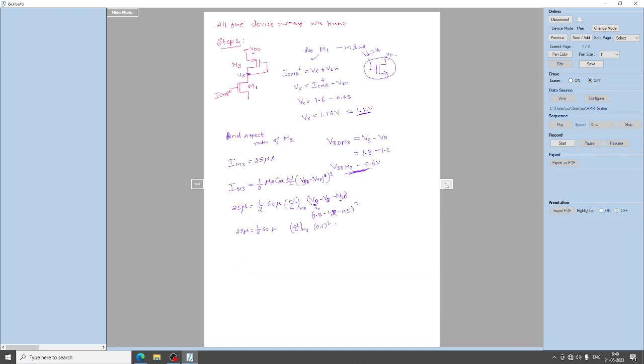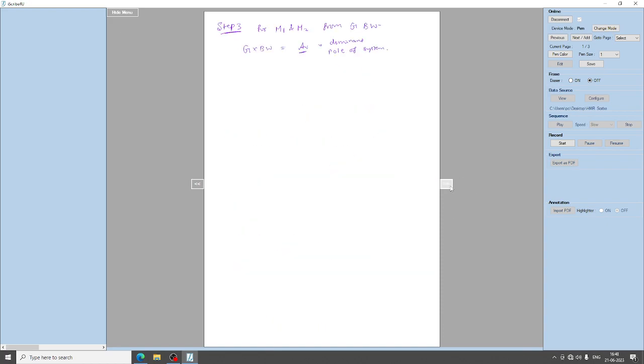The gain of a common source amplifier with PMOS load M3 is GM1 into R01 parallel with R03.